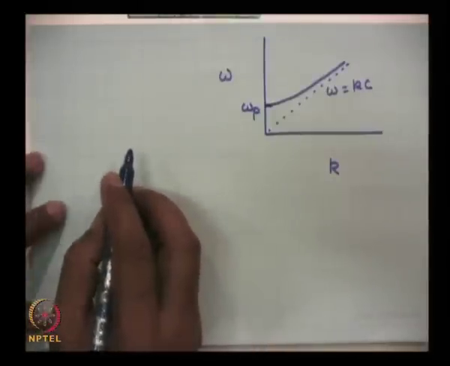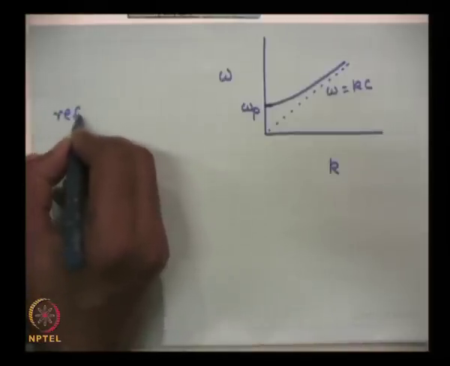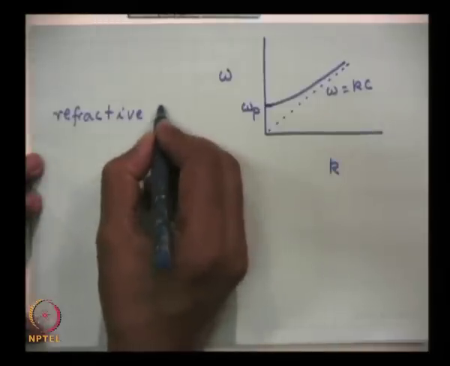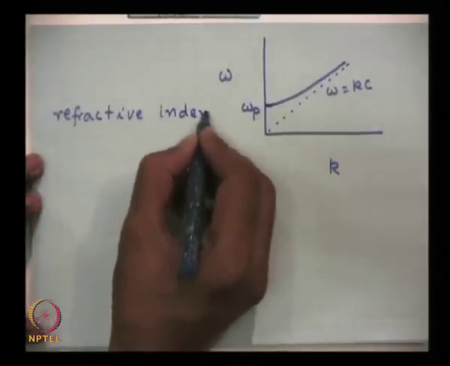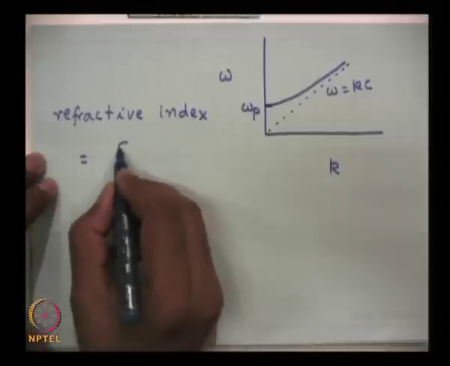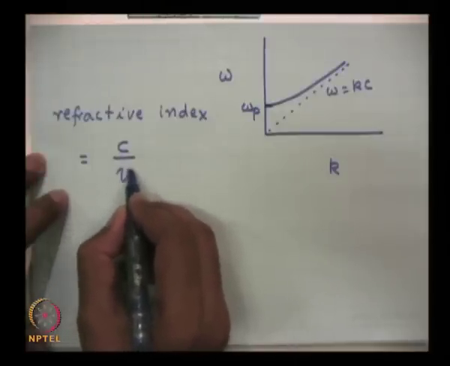And we can define a quantity called refractive index. The refractive index is defined as velocity of light in free space to velocity of light in the medium.